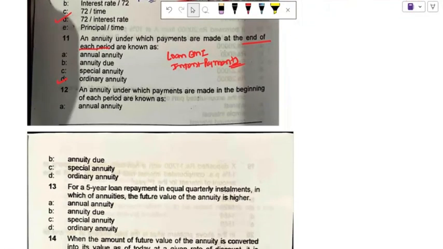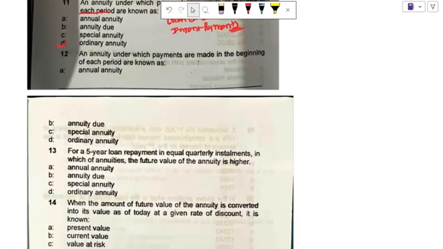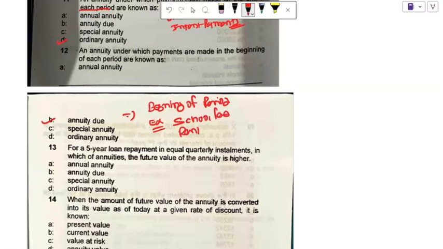Question 12. An annuity under which payments are made at the beginning of each period is annuity due. Beginning of period. Examples are school fee, rent payment, etc.